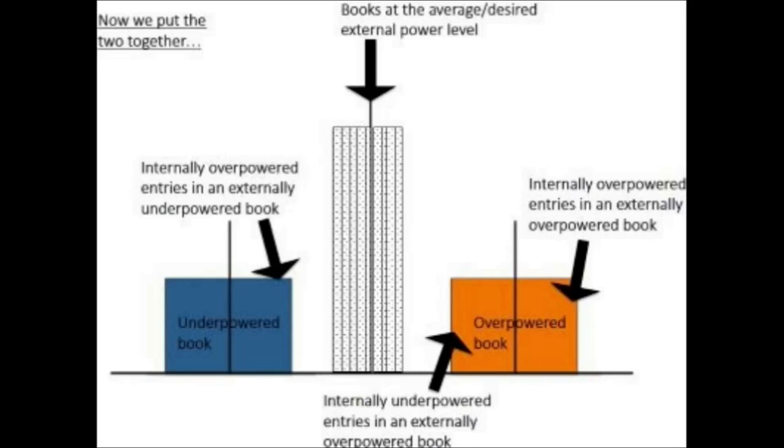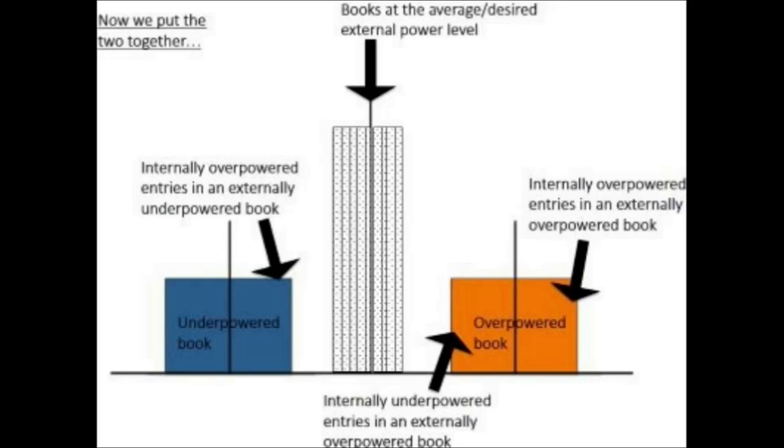And we've got entries which are the least bang for the buck, the least cost or point efficient entries. So an underpowered book can have internally underpowered entries in comparison to the other entries of that book.